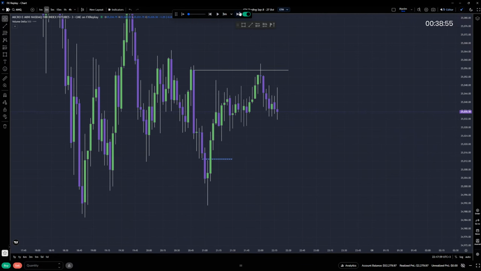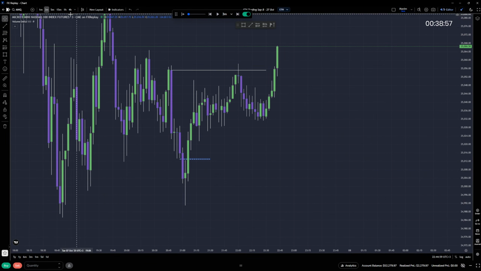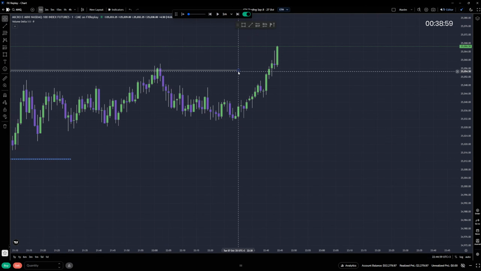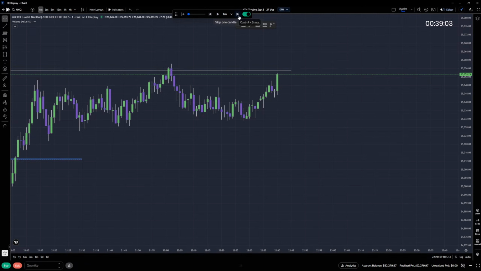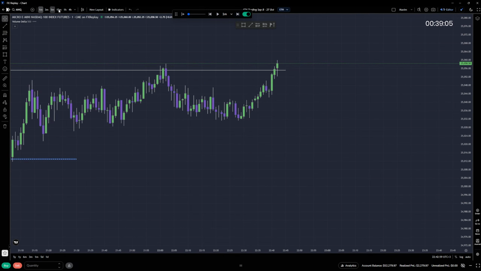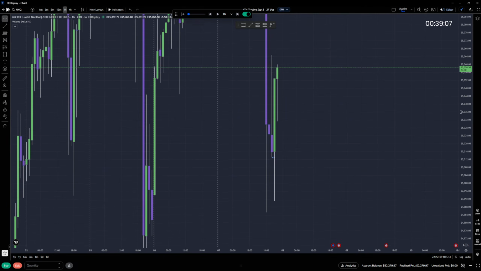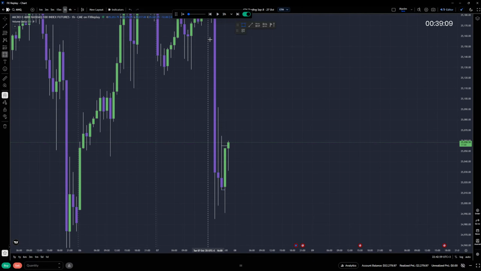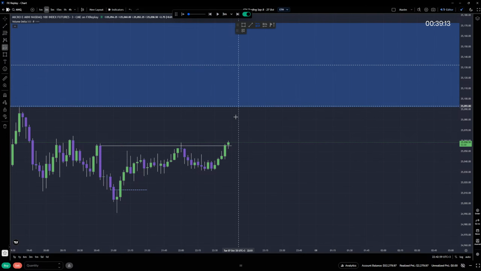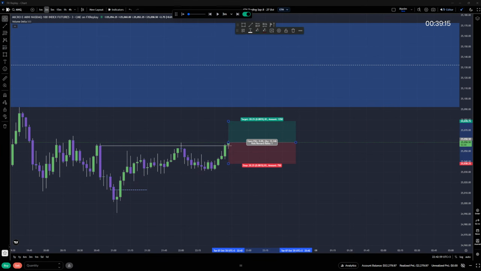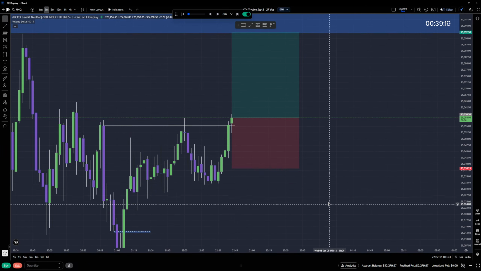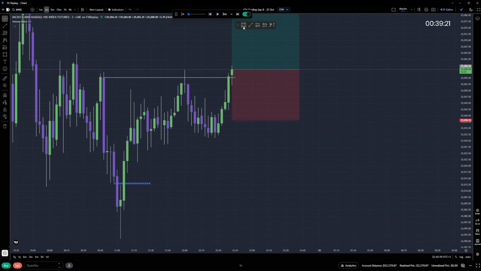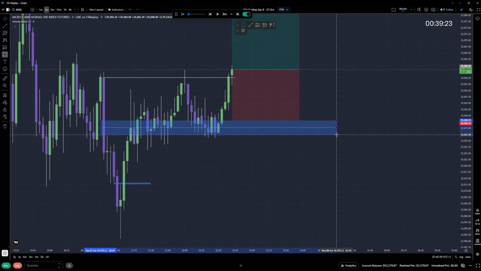Okay, rejected. Okay, wait. The second candle here was good. Like here we closed slightly above, and then on this candle we closed pretty good. I'm gonna target this huge gap. Could use the following gap here.